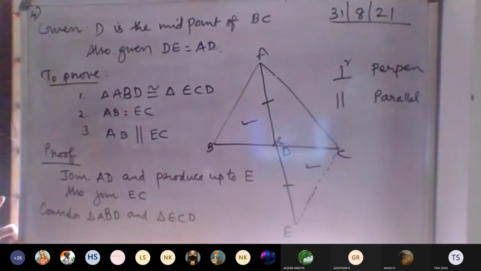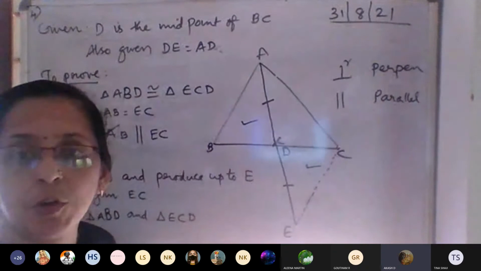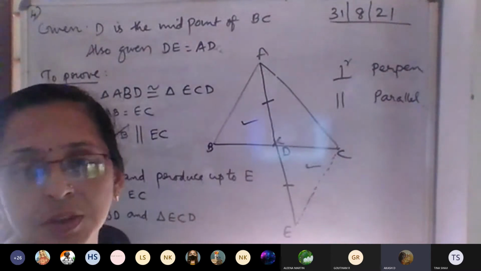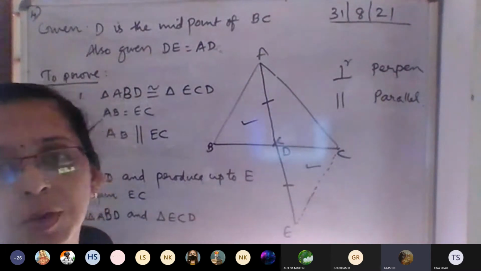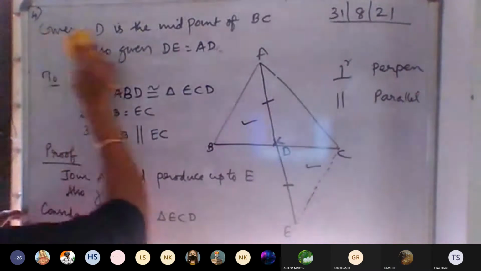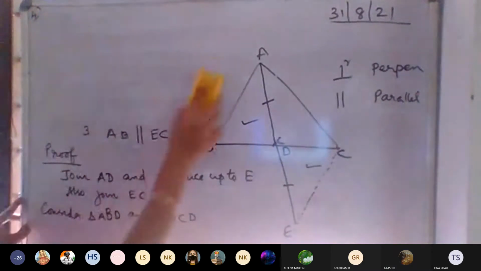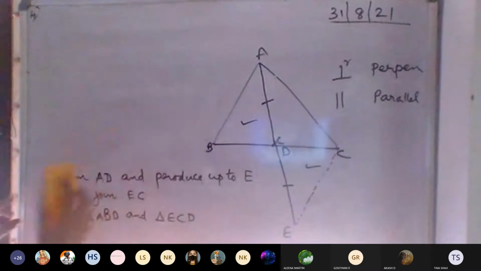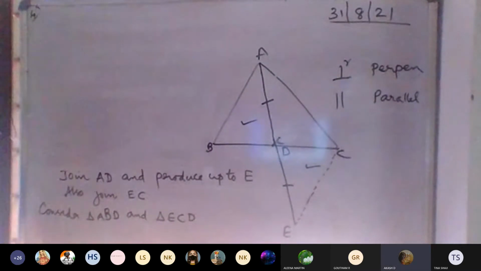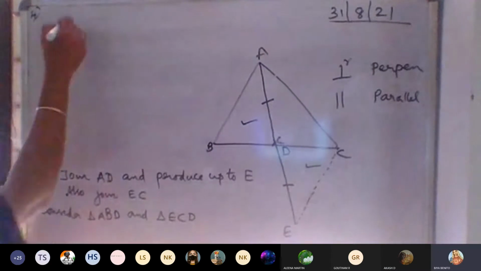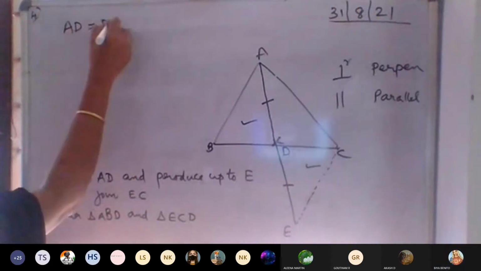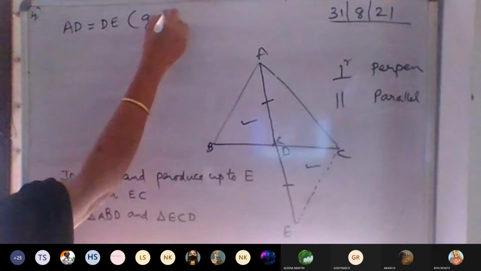First step, what can we write? AD is equal to DE. That is given in the question, so write given.